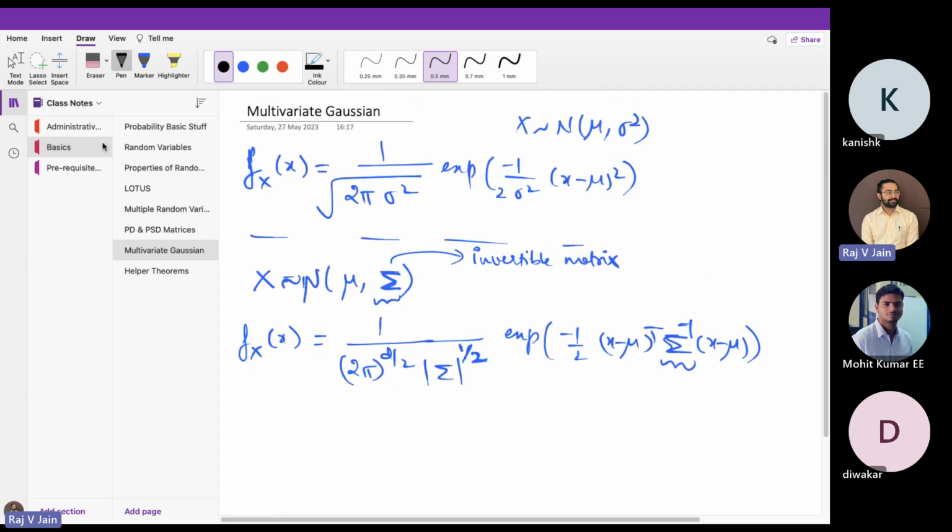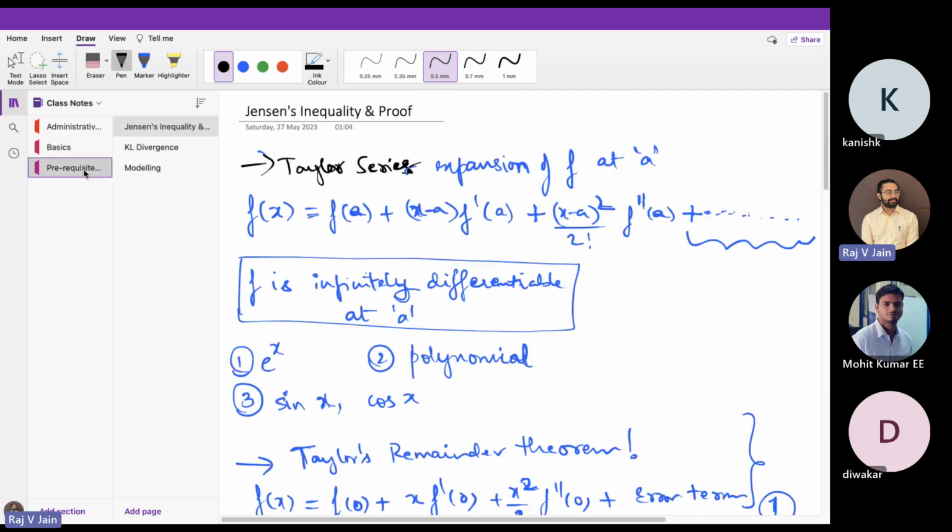Okay, so today, a brief recap. Today we'll continue our discussion on Jensen's inequality, and we'll complete the proof of this inequality today.